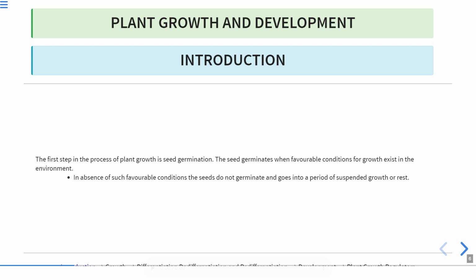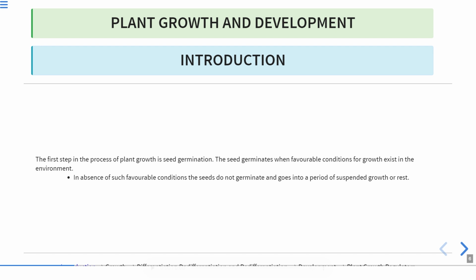Okay, air is also another factor. In the absence of air, the seed cannot germinate. Now, in the absence of such favorable conditions, the seeds do not germinate and go into a period of suspended growth or rest.